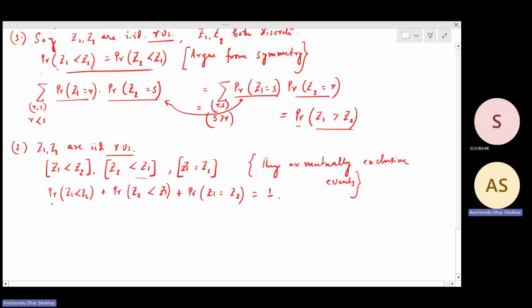But the probability of Z1 smaller than Z2 and the probability of Z2 smaller than Z1 are actually the same, right? They're equal. We computed it.